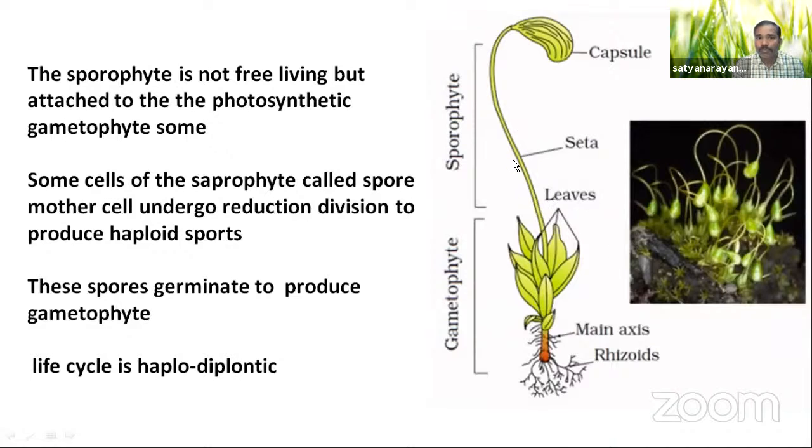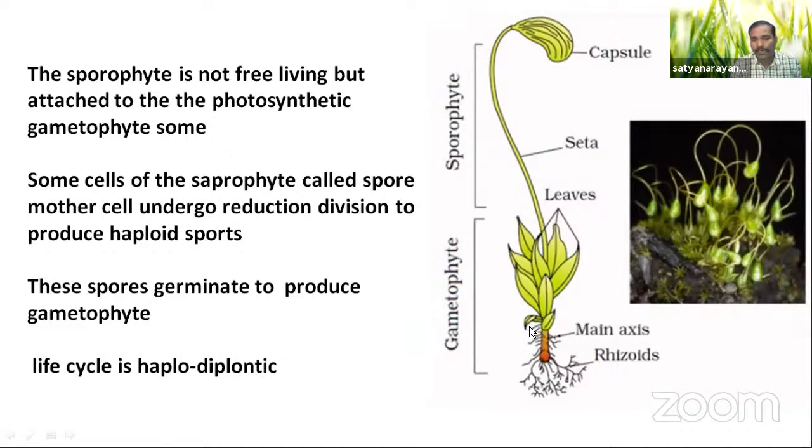That means the sporophyte is diploid in condition and the gametophyte is haploid in condition. The spore germinates to produce the gametophyte. When the spores are released, they fall on moist ground and produce the gametophyte. So this kind of life cycle is called the haplodiploid life cycle.